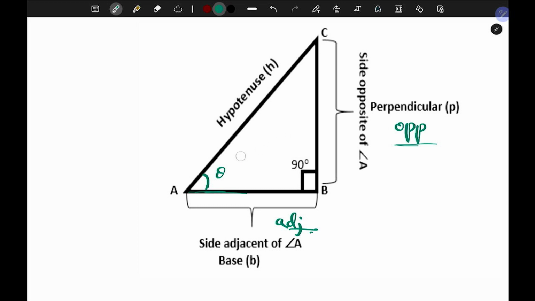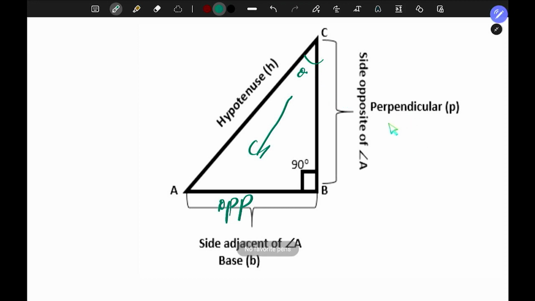So this angle, as I said, it can be either here or it can be here. And if theta is put over here, then this side will become opposite. So you're gonna change that as opposite. And the side touching that angle is gonna be adjacent. So how do you start? You start with hypotenuse.